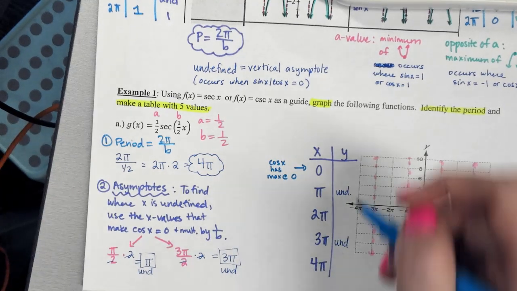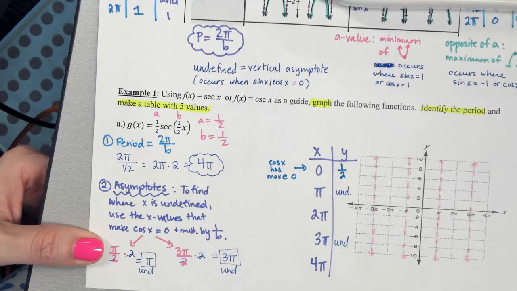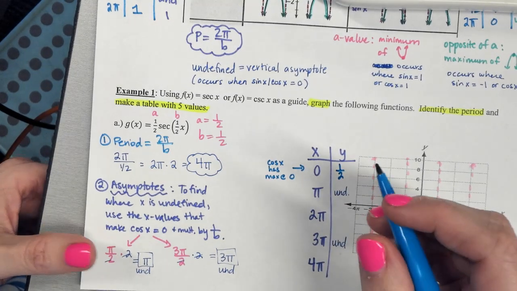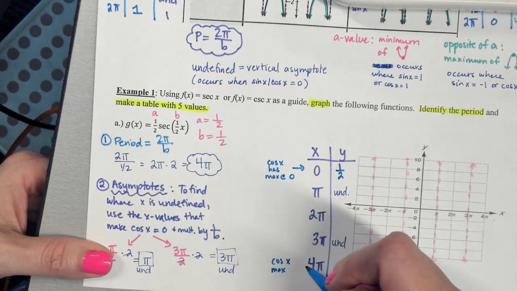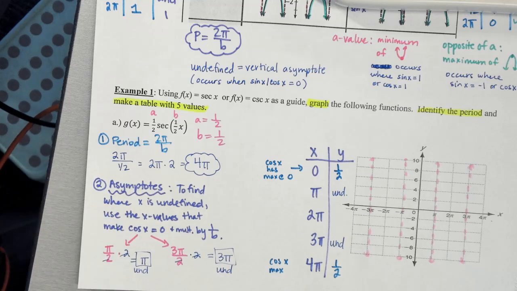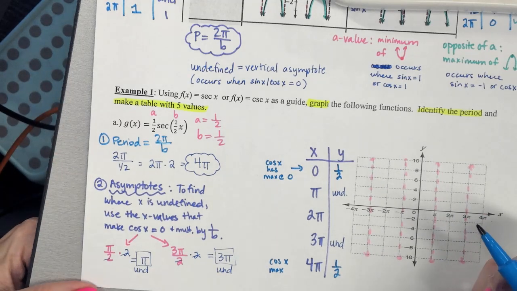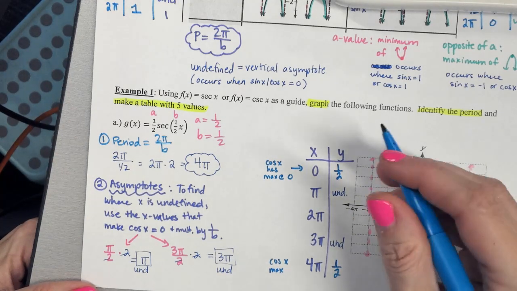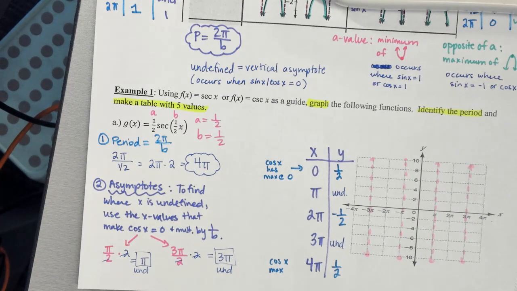So that means this value is going to be 1/2. That's your A value. So it'll be 1/2 here. And what's the middle going to be? Yep, -1/2.